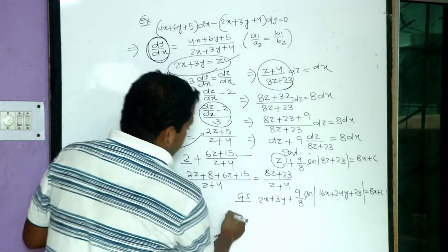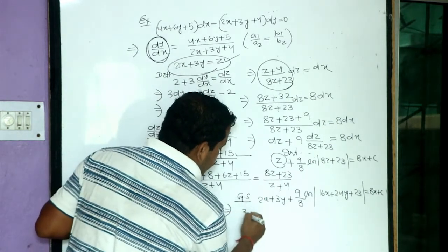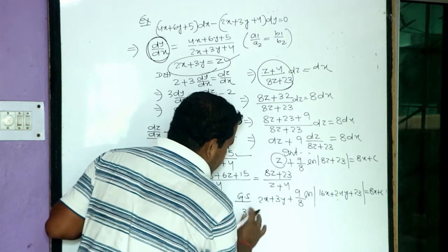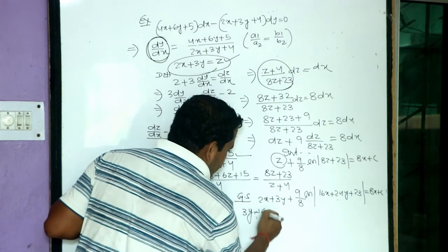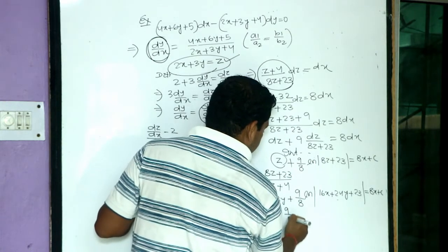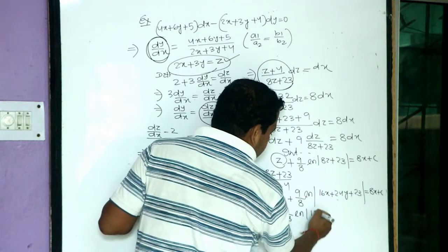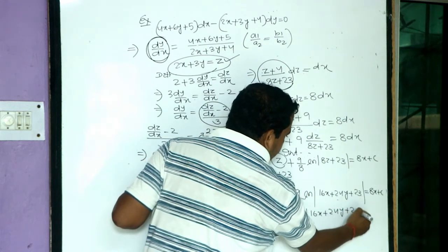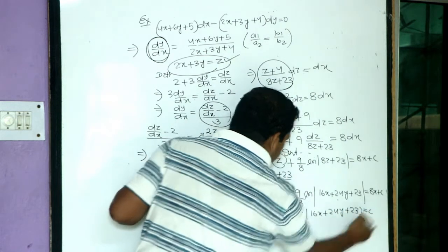Then the left hand side becomes 3y minus 6x plus 9 by 8 log(16x + 24y + 23) equals c.